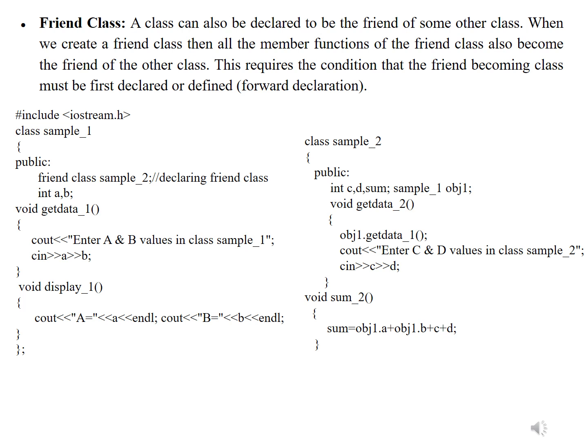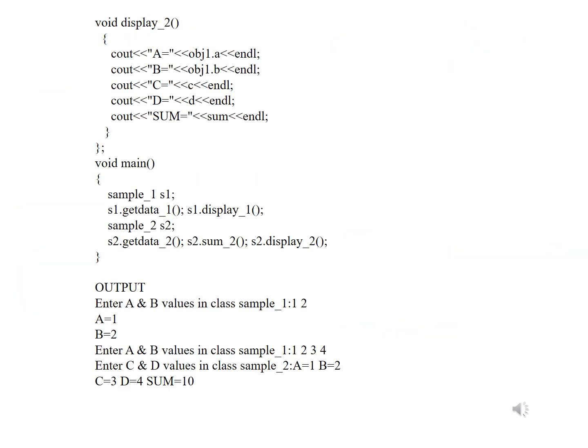Close the bracket of getdata2 and again call void sum2() { sum = object1.a + object1.b + c + d; So this will be summing the values of a and b and c and d. So four parameters' data will be summed here, of the class 2 friend functions.